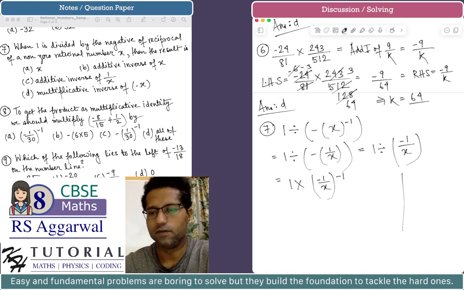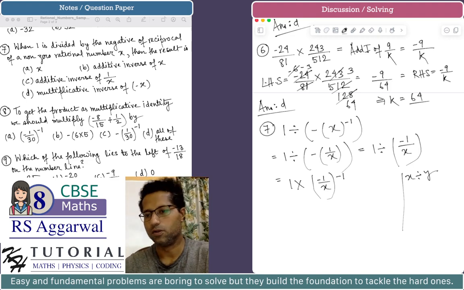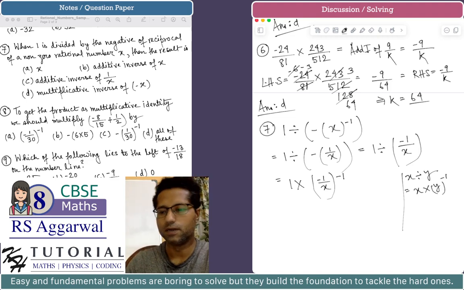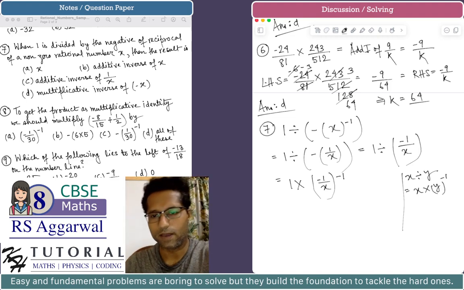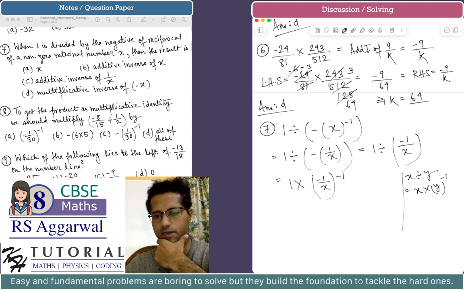We know that if x and y are rational numbers, when we divide x by y, of course y has to be a non-zero rational number, this is equal to x multiplied by the reciprocal of y, or multiplicative inverse. So we have 1 multiplied by the reciprocal of minus 1 by x.